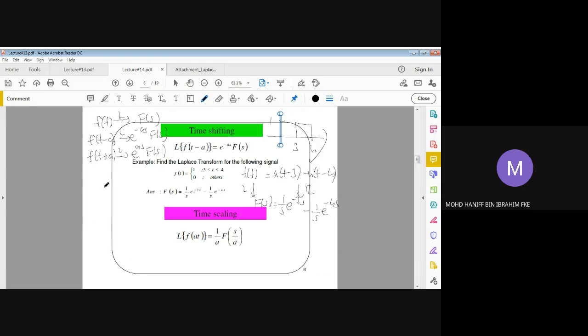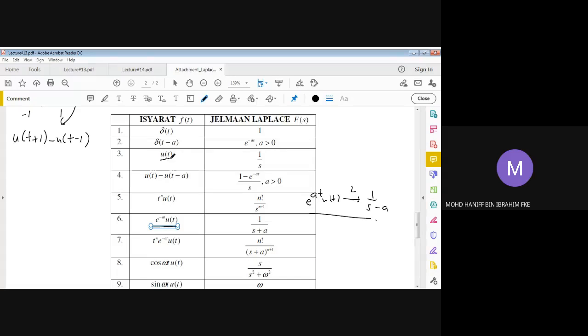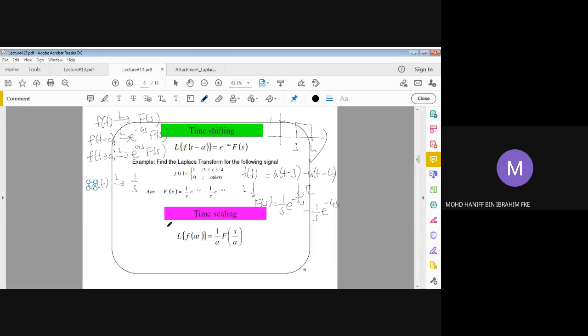Why? Because we know that if you have u(t), the Laplace of it will be 1 over s. This is from the table. Refer to the table now. This is u(t) here, and it is 1 over s. So the same thing applies here.